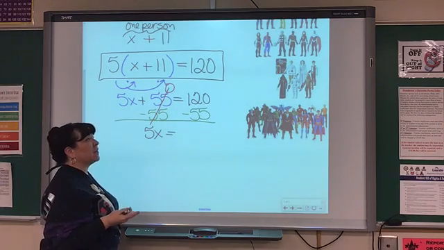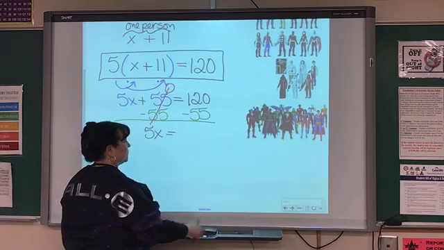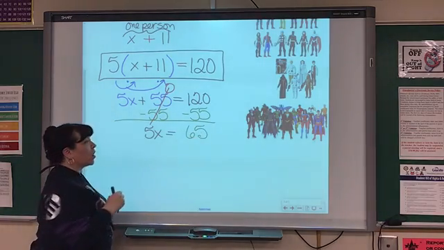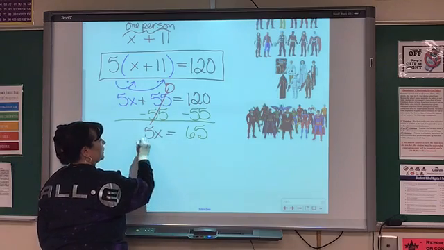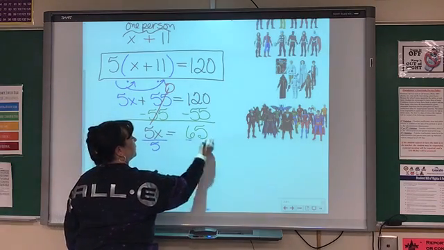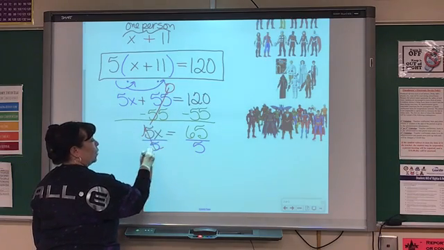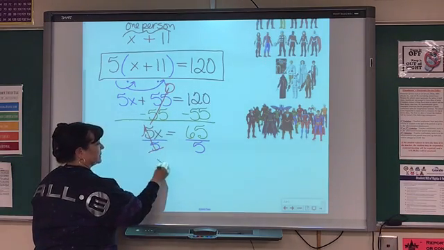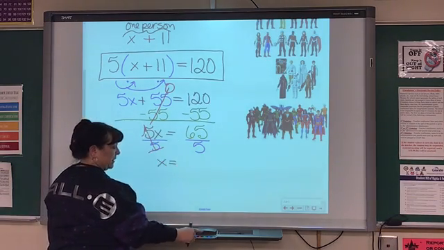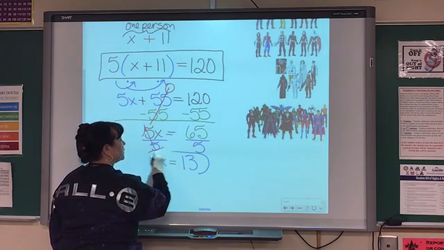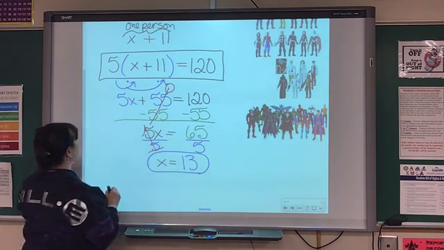Either way, it's fairly simple, and our difference is going to be 65. We then eliminate the coefficient by dividing each side by 5. 5/5 is 1 times x is x, and that is going to be equal to 13. So my solution to the equation is 13.